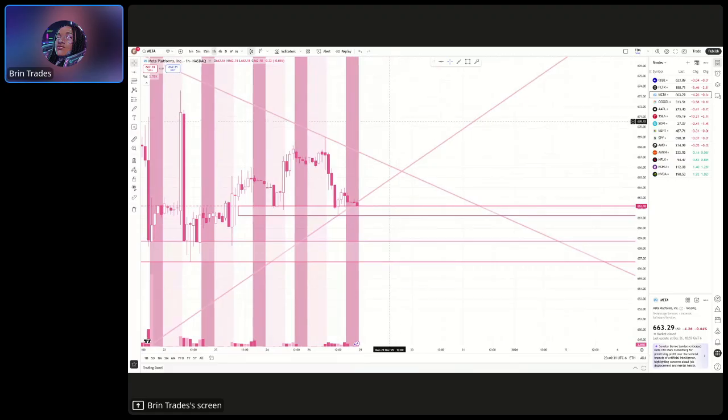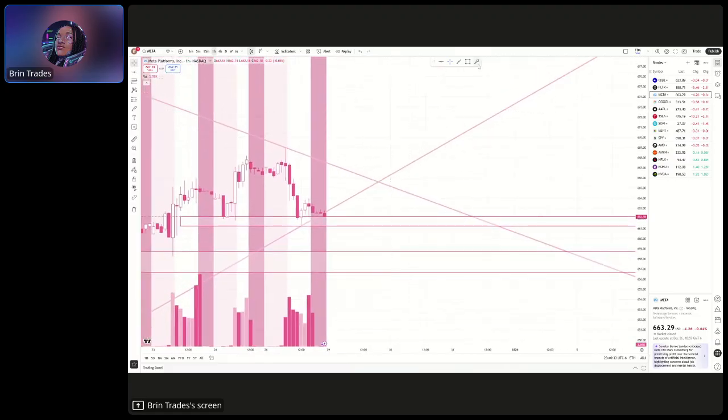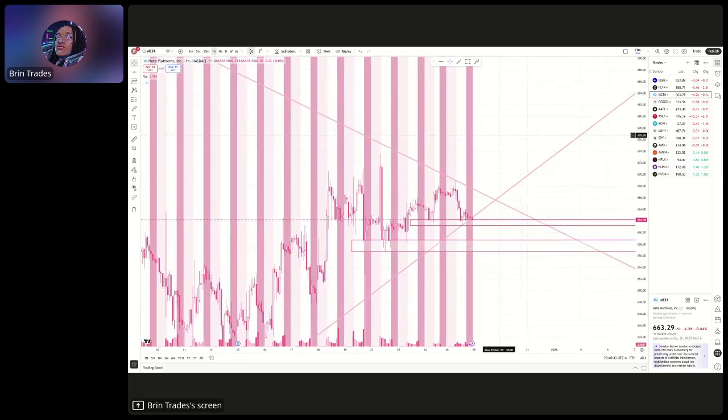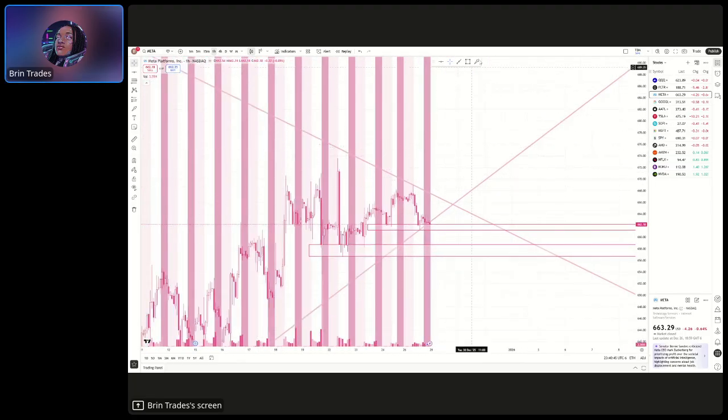Same thing. I think calls above here. Oh, was this a support? Hold on. Let's look at this. Yeah, this right here is actually a level, see here, because we see that price wicked here many times.